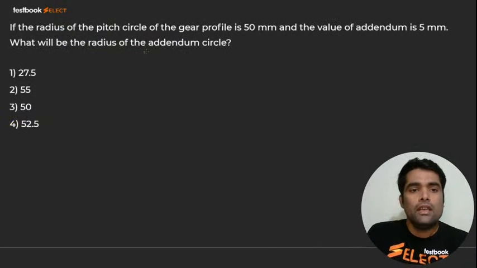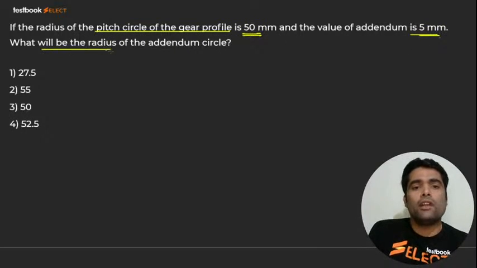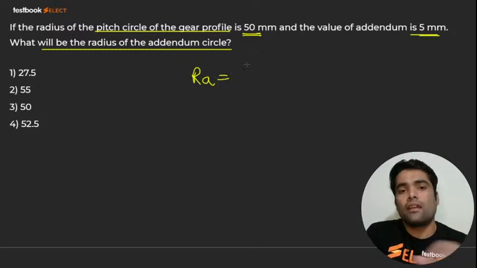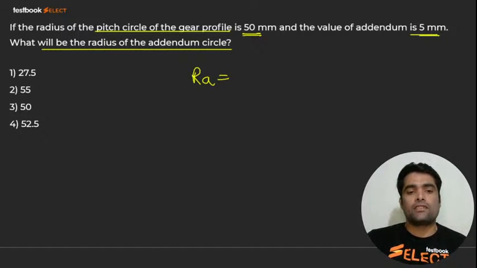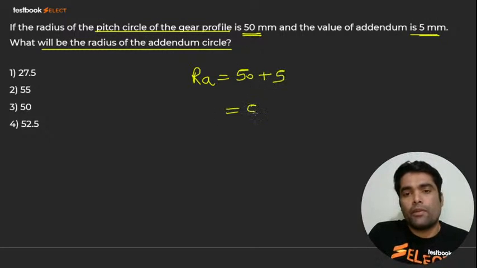Next: if the radius of the pitch circle of the gear is 50 mm and the value of addendum is 5 mm, what will be the radius of the addendum circle? The radius of the addendum circle is pitch circle radius plus addendum, so 50 plus 5, which is 55.